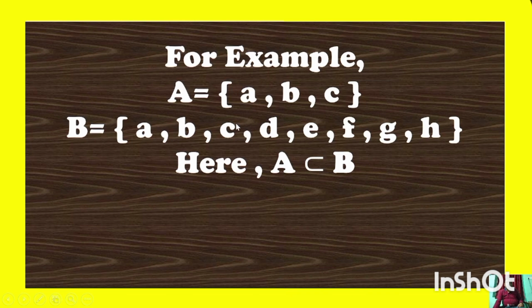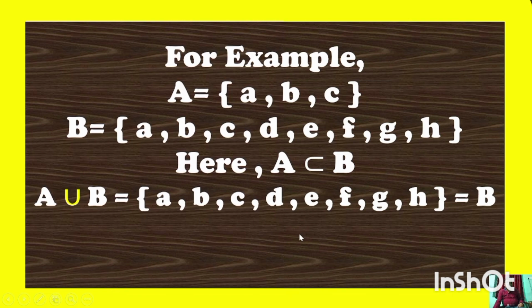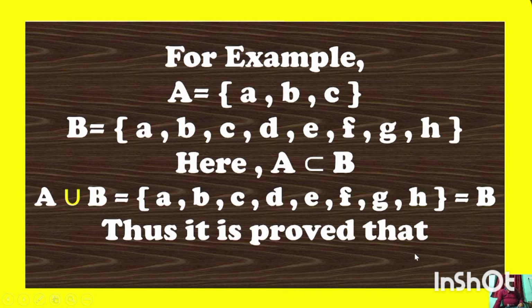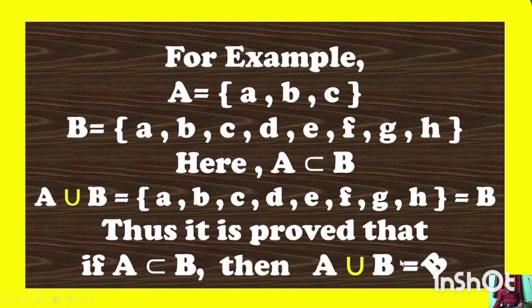All the elements of A are in set B, thus A is a subset of B. Thus we find A union B is the set B. If A is a subset of B, then A union B is equal to set B. Clear? Understand? Very simply and easily, you can understand this concept. And if A is a subset of another set B, then their union set is the superset.